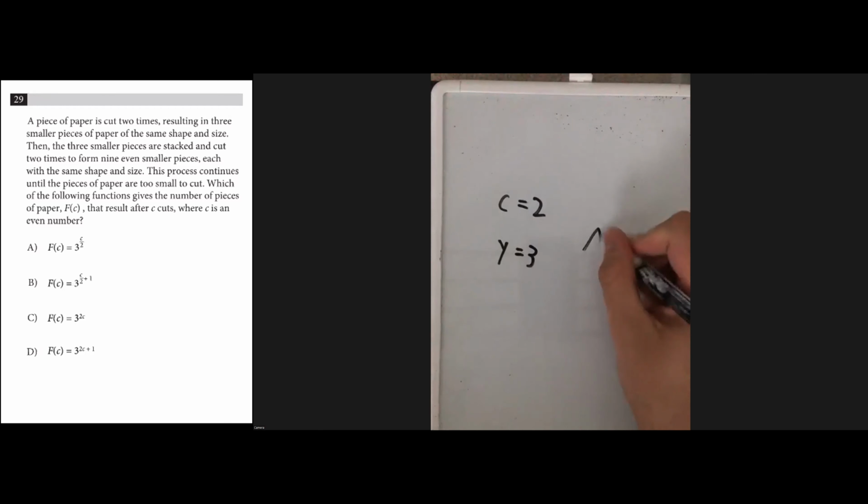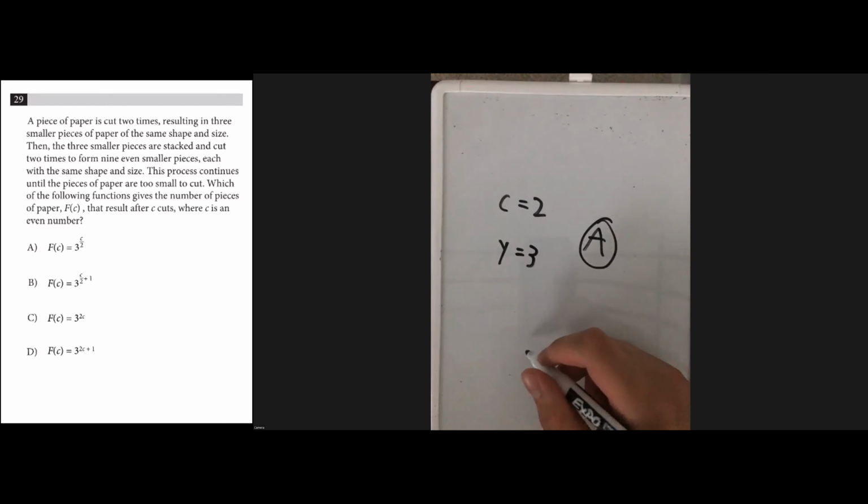So basically, when the number of cuts is 2, we get 3 smaller pieces of paper. So when C is 2, y equals 3, and if we plug this into our answer choices, for A, we would have 3 to the power of 2 over 2, which is just 3 to the first power, which is just 3. So A does work.